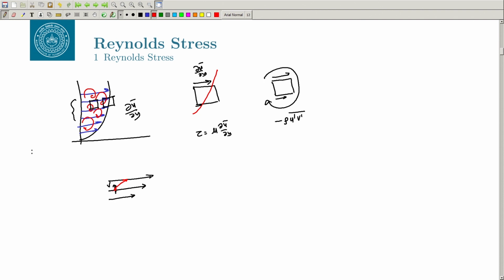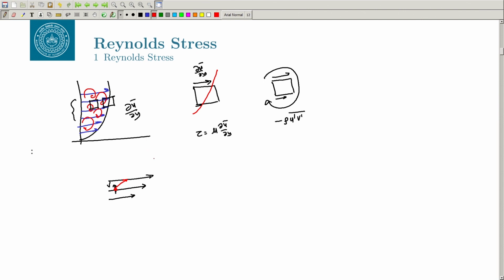It will take the momentum from the layer to the upper layer, because the middle layer is slower than the top layer. So, it is a momentum transfer from the middle layer to the top layer, and there is a net rate of momentum transfer.